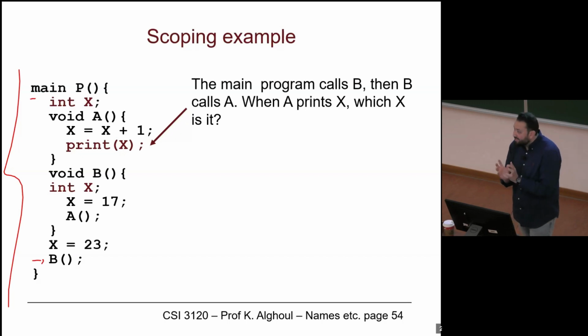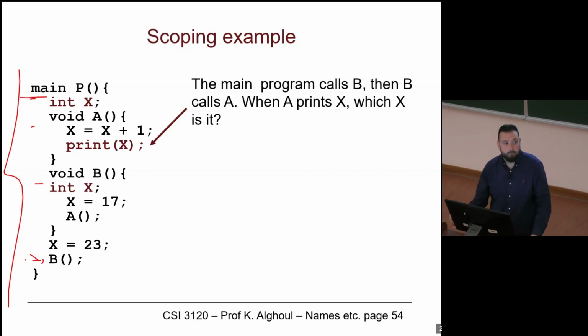If someone is still confused a bit about the scoping, we want to take this. So my program has the main function, and then it calls the B function, and I have the B function and the A function. So what would be printed for X? Let me see more people. That's our last slide, guys.